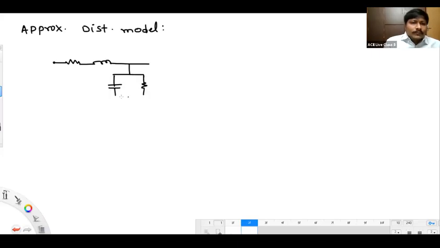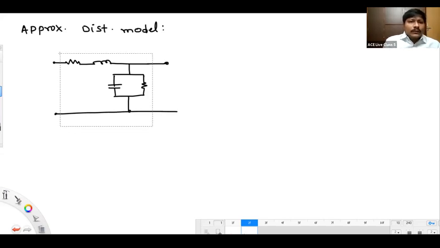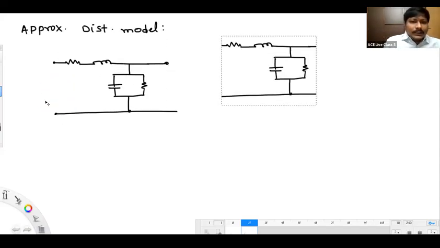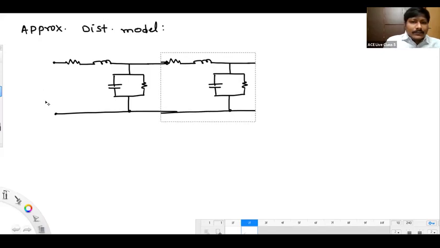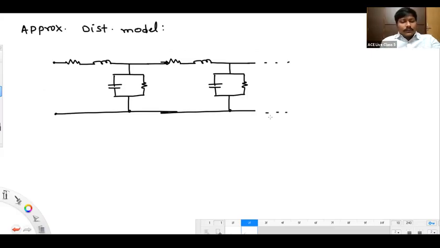Like this, we have a number of sections connected in cascade, and so on, in this manner.